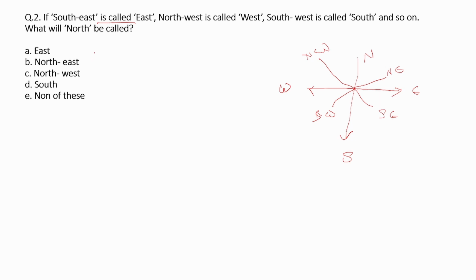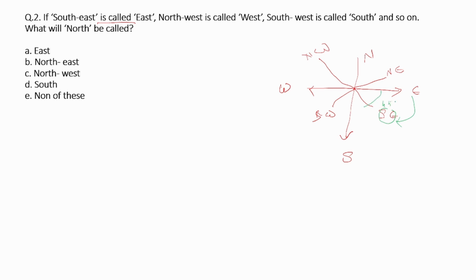So what happened? Southeast is called east. Let us change the color. Southeast is called east. This was our original direction, southeast. Now the southeast is called east. Means east moves towards south. This is how much?